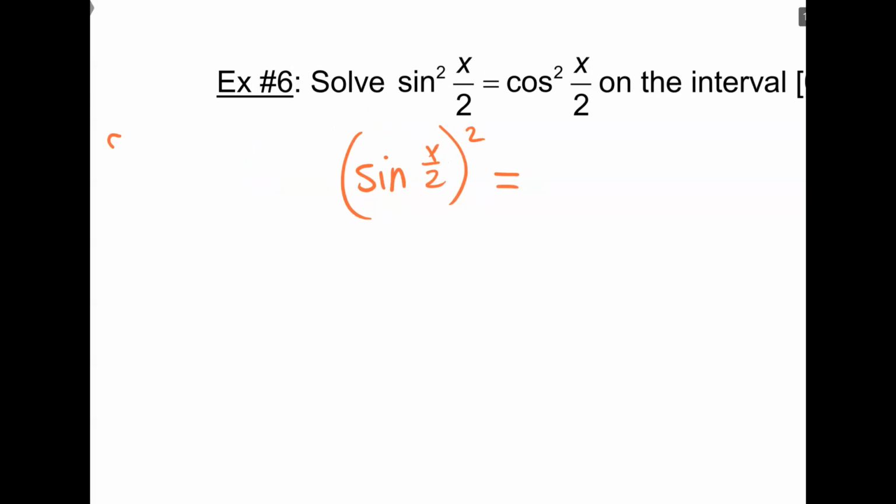Because remember, if I have sine squared x, it's the same thing as sine of x, squared. I'm just rewriting this. And cosine squared of x over 2, I can rewrite as cosine of x over 2, squared.